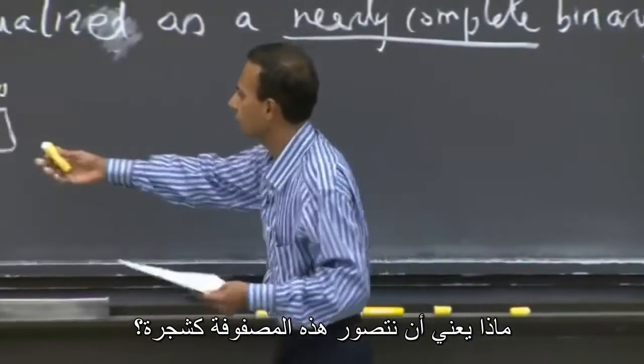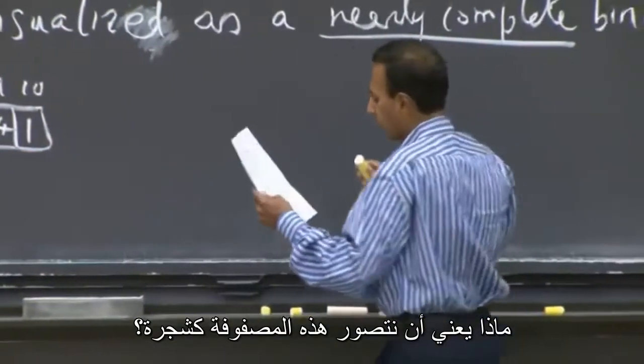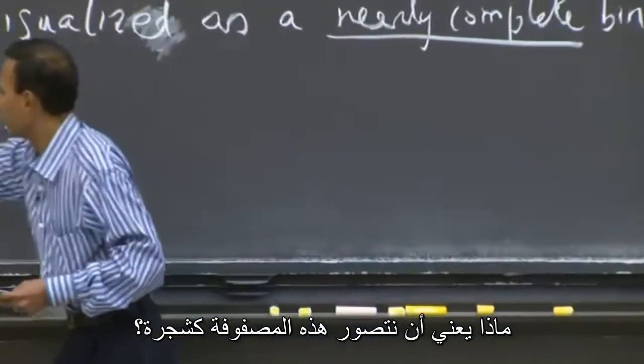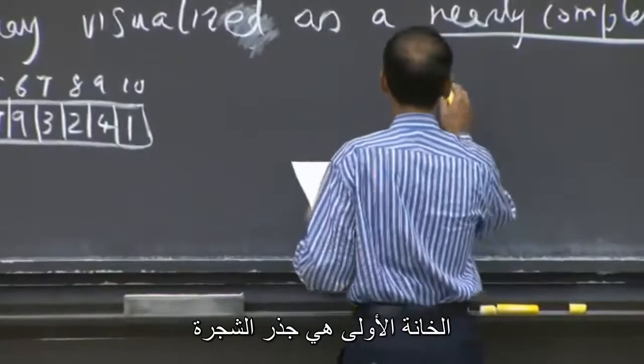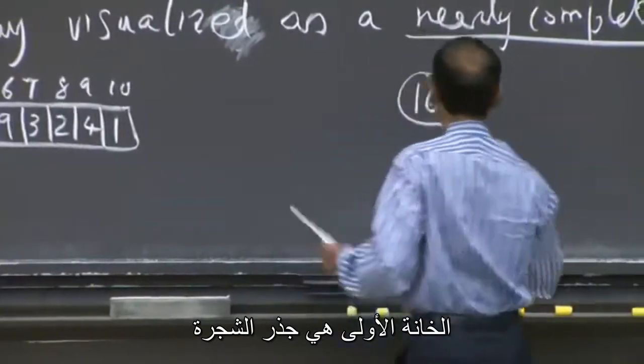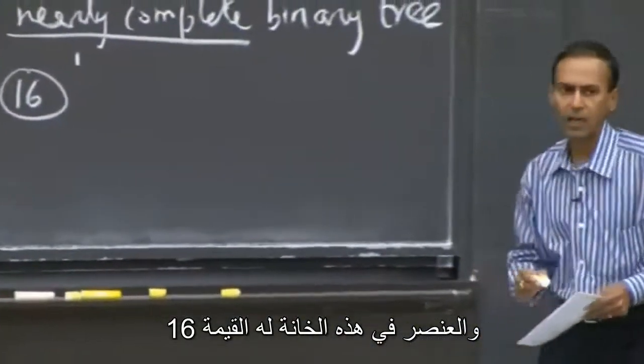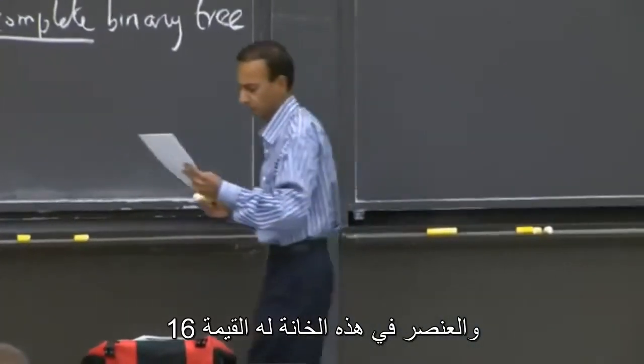So what does it mean to visualize this as a tree? Well, index 1 is the root of the tree, and that's an item with the value 16.